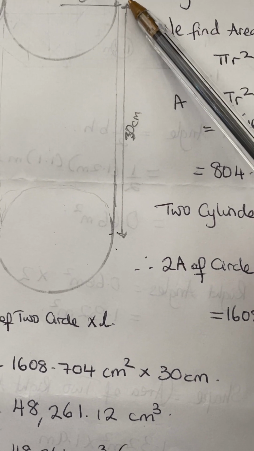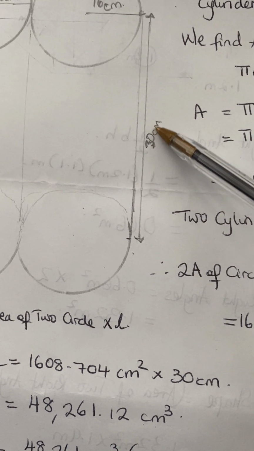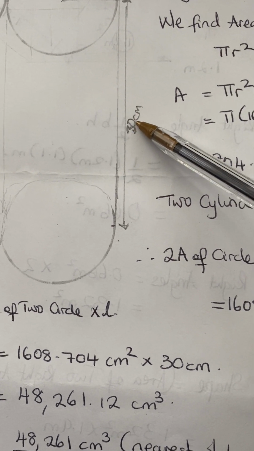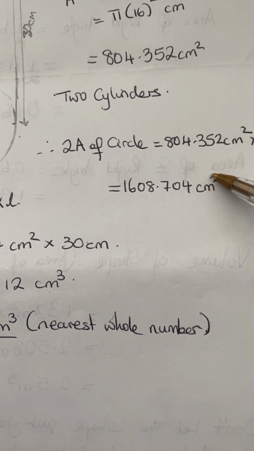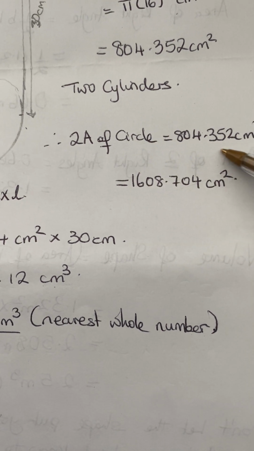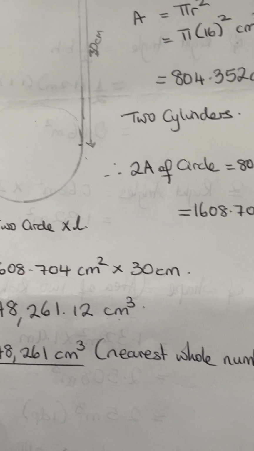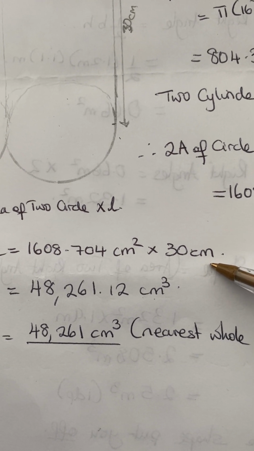Now the length of the cylinder is from here to here, and we've been given 30 centimeters. So to find the volume, now that I know the area of the two circles, I'm going to multiply by 30 centimeters.